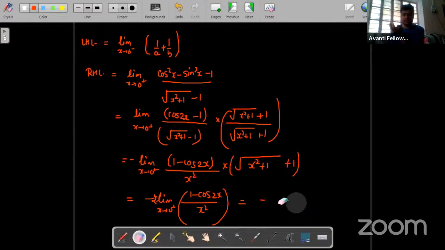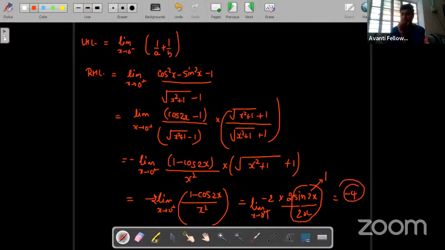Using L'Hôpital's rule, because 0 by 0 form is there, minus 2 into 2 sin 2x upon 2x, limit x tending to 0 plus. Now you can see sin 2x upon 2x, this is a basic limit. At limit x tending to 0 plus, we'll be getting 1. So we are getting minus 2 into 2, which means minus 4.